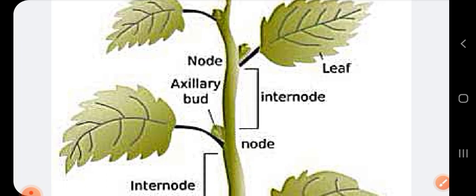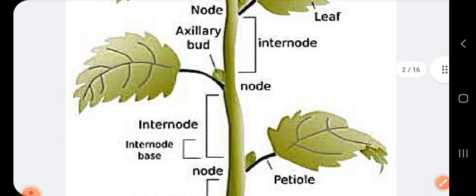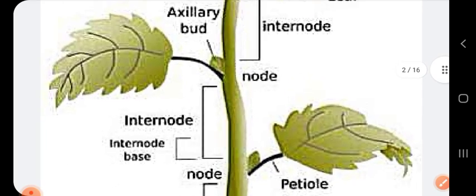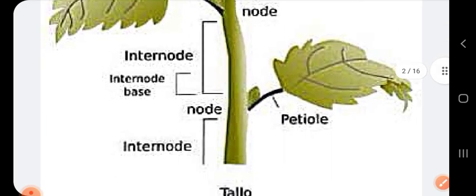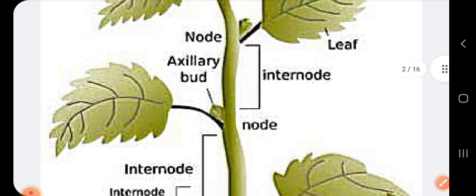Sometimes we also take the internode regions, the nodal segments, which are node and internode regions. Directly, you can also take that axillary bud, which has just arisen from the petiole of the leaf.